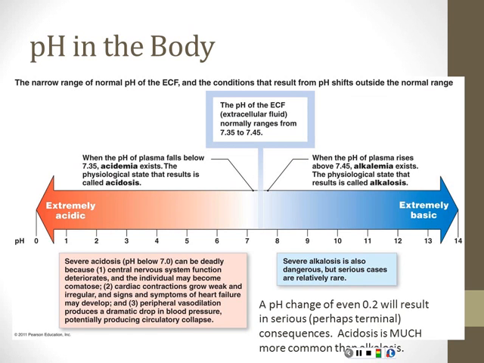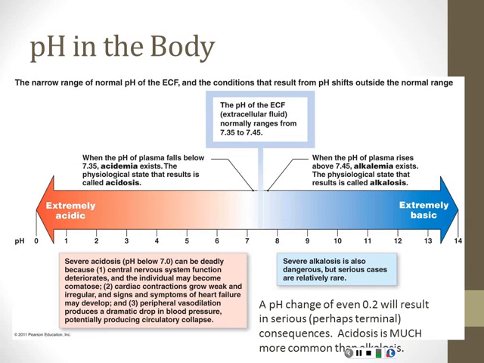So we'll do this one and then we'll call it a day. Okay, so here's pH. It's a little non-intuitive because it's logarithmic, which means that we go from 1, 2, 3, 4, 5, 6, 7, 8, 9, 10, right? So from 0 to 14. But what isn't clear is 6 is 10 times bigger than 7. 5 is 10 times bigger than 6.